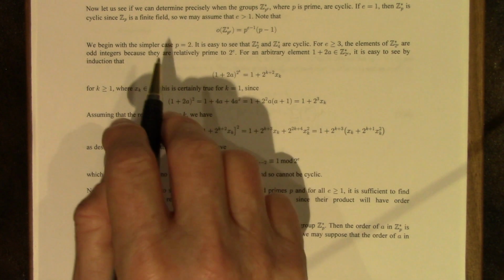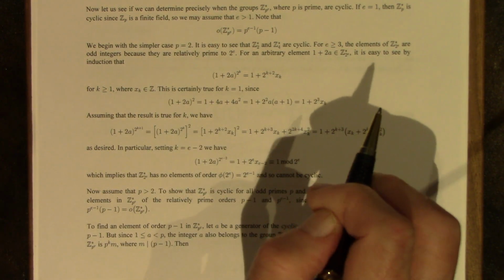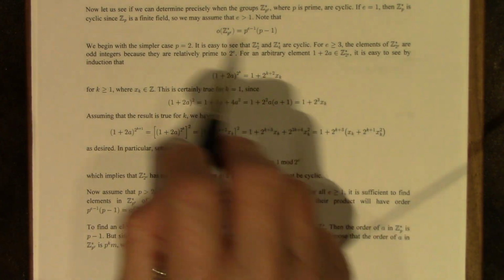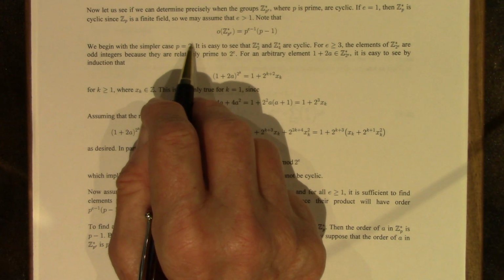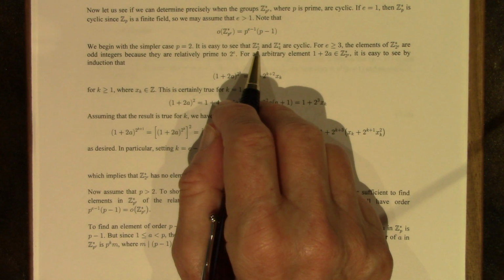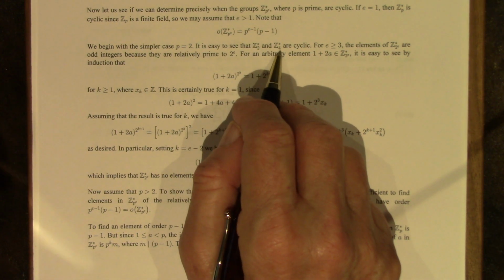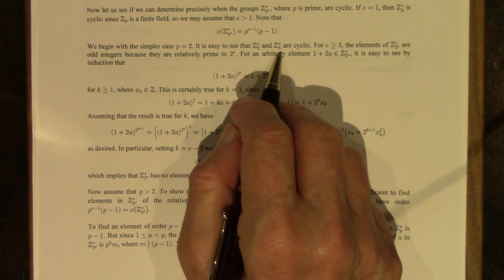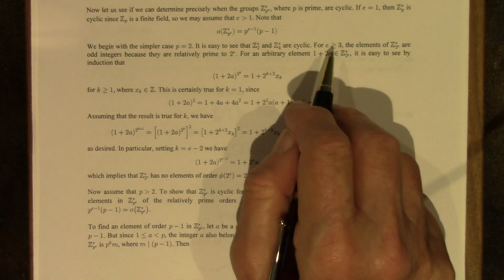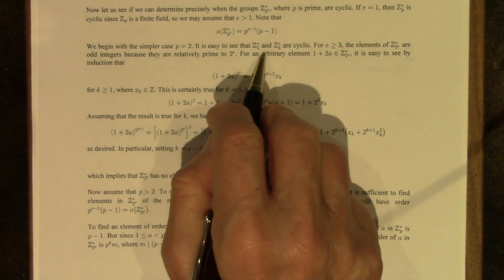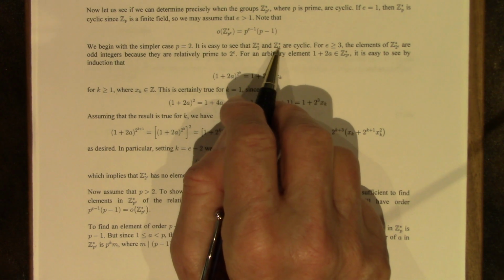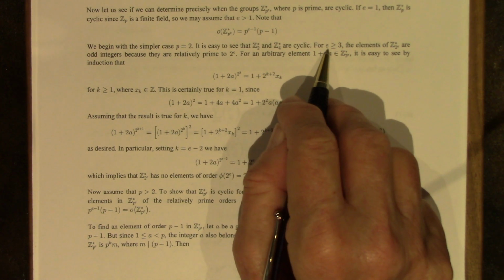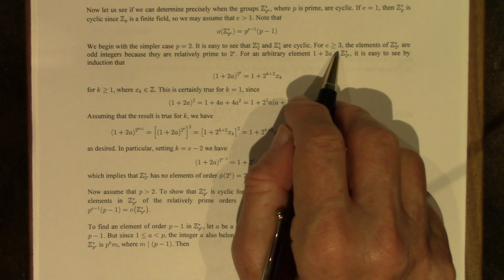So let's start with what is arguably the simpler case, and that's p equals 2. It's pretty easy to see that Z_2 star and Z_4 star are cyclic. You can just show that directly. So that dispatches the cases e equals 1 and e equals 2. So we can now assume e is bigger than or equal to 3.